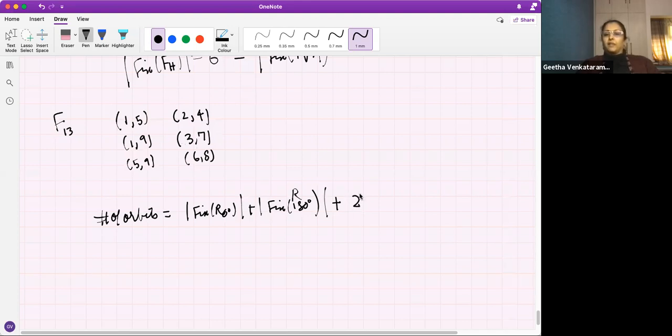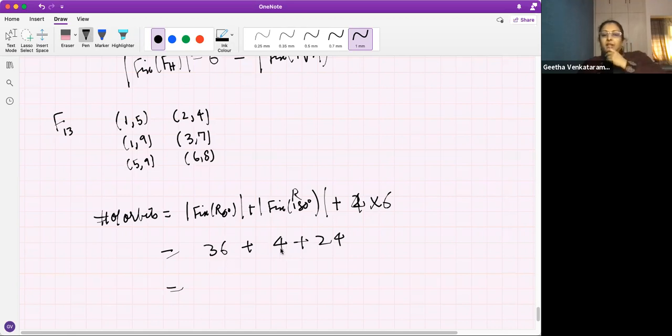So that's 4 into 6. And the fix of R0 we saw was the whole set X, which had 36 elements. The 180 degree rotation had 4 cards which were fixed. And the 4 reflections each fix 6 cards. So I get 24.